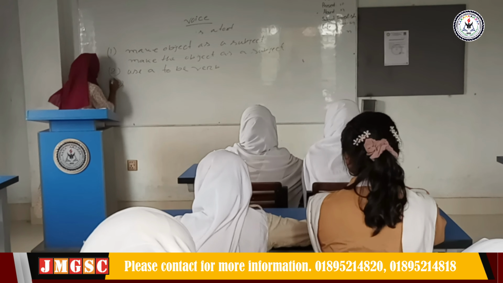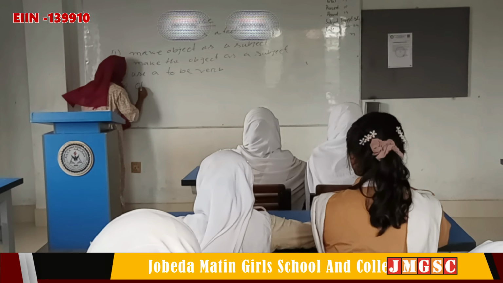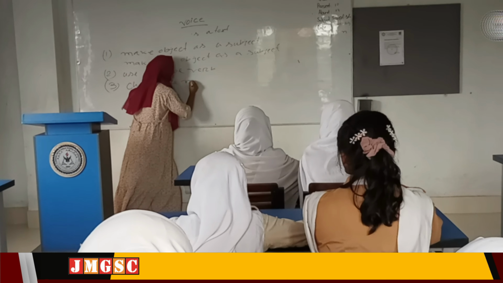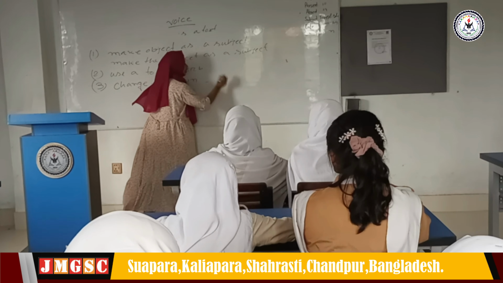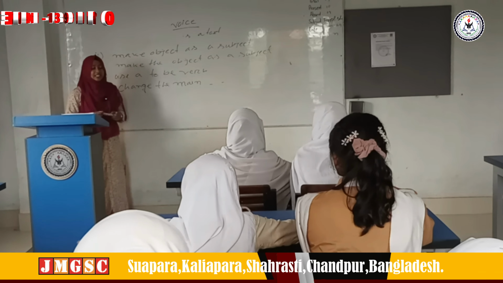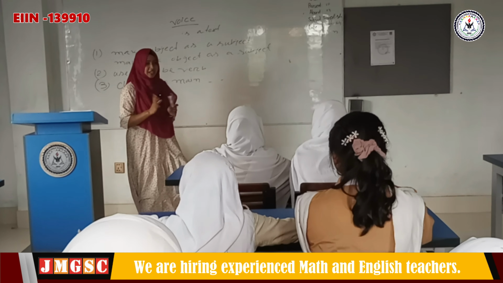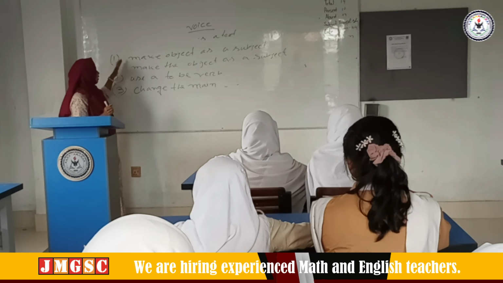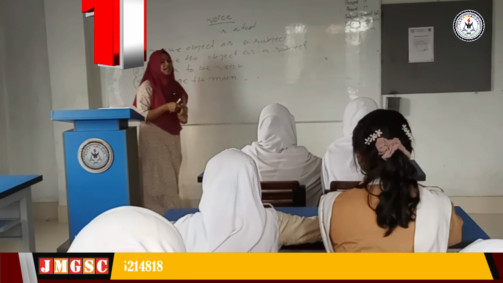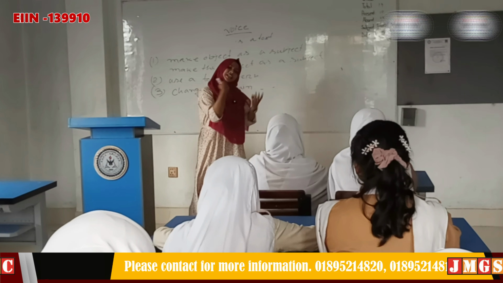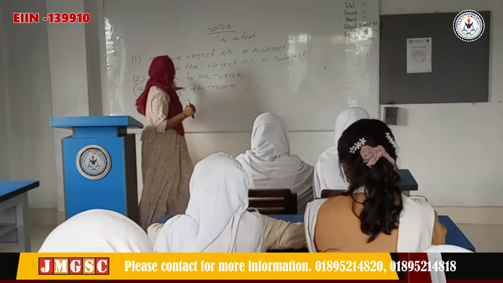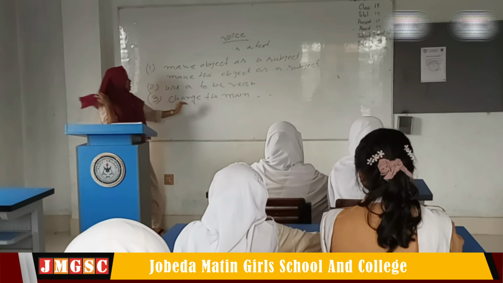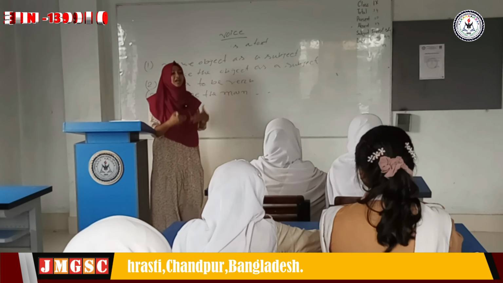Then you have to change the main verb according to the tense. So basically there are 3 common rules in voice. Number 1 is making the subject an object, then making the object a subject. Number 2 is use a to be verb. And number 3 is change the main verb according to the tense.